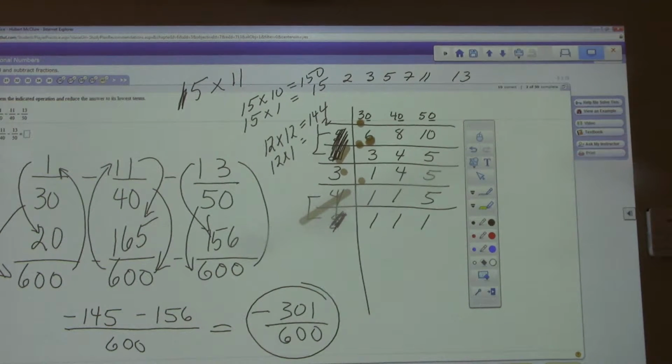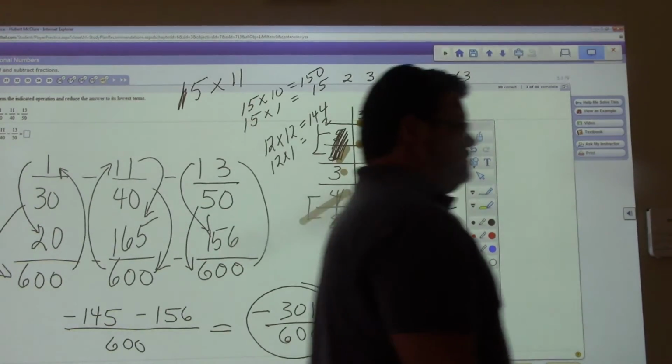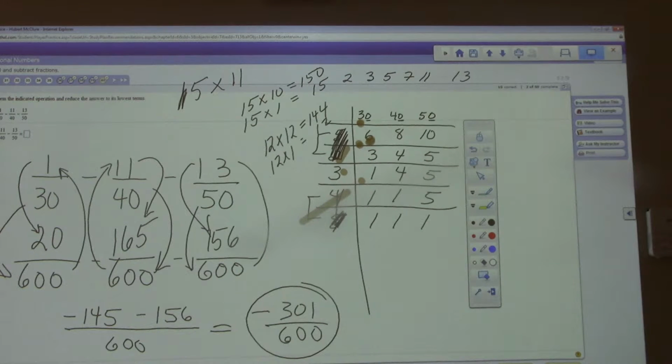But we don't ask for a decimal, so we do negative 301 over 600. If we're typing this in, you just put minus 301 divided by 600. I'm just going to type in negative up in the top right hand, and then 301 slash 600.